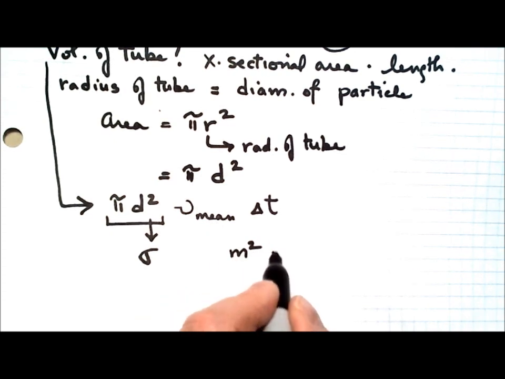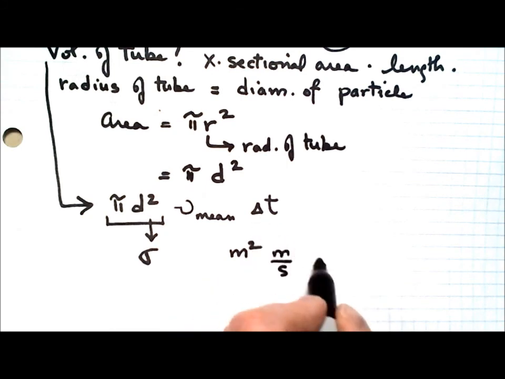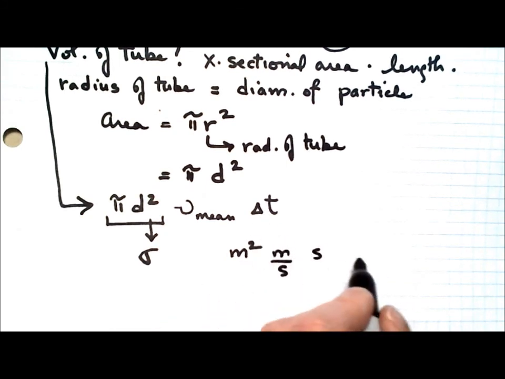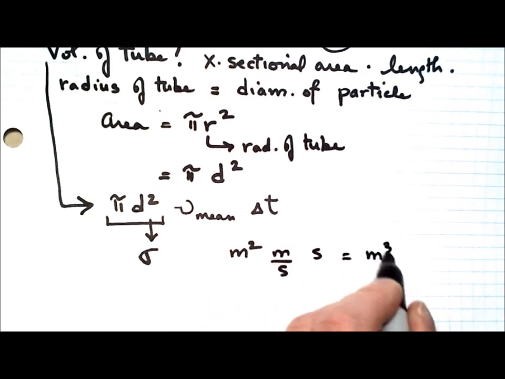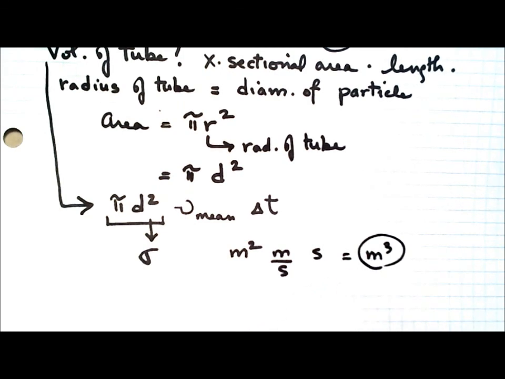Then your speed is meters per second, your time is in seconds, and you see that you end up with a unit of volume. Perfect. Try to remember to report your answers in scientific notation, and that really encourages you to use the right number of significant figures. That's what I like to do.